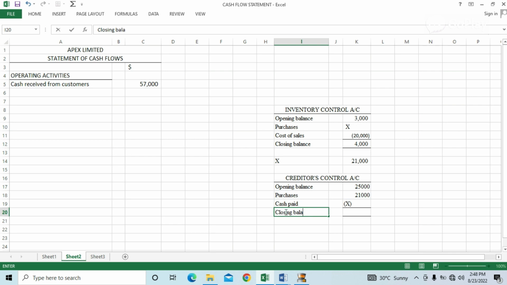And how much was the closing balance for the creditors? That one is 10,000, as we have seen in the balance sheet. So that one was 10,000. But let's confirm.